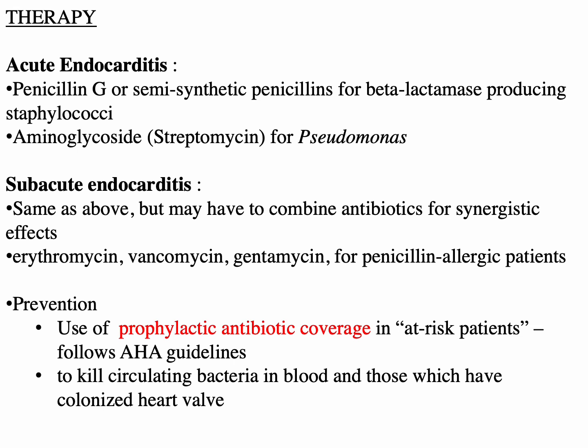So the use of antibiotics in this at-risk patient, the idea is to kill circulating bacteria in the blood that can happen, that obviously is going to happen during the procedure.